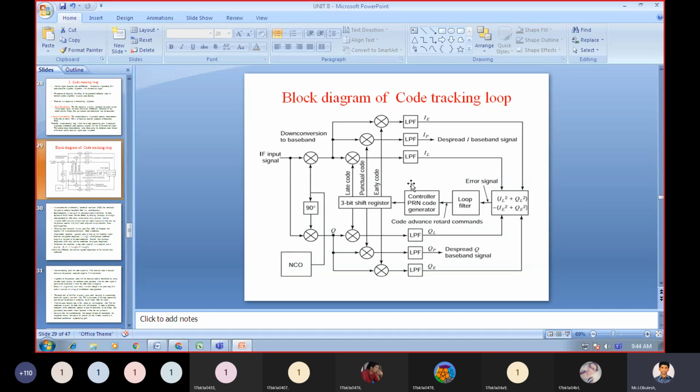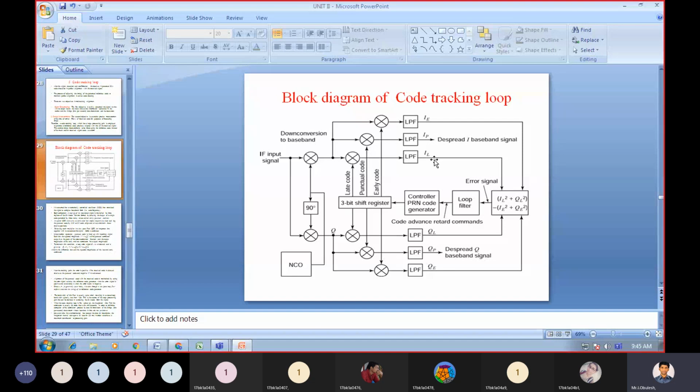The outputs of multipliers 2, 3 and 4 are connected to low pass filters. You know the function of a low pass filter: it allows only low frequency signals and blocks the high frequency signals. Then this generates IE, IP and IL, where E means early, P means punctual, and L means late.